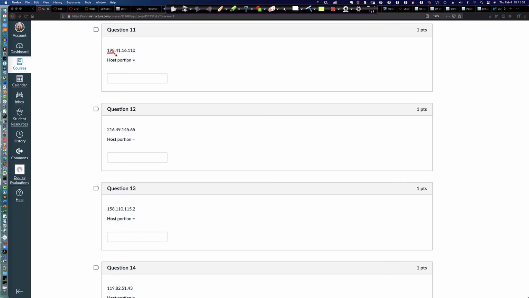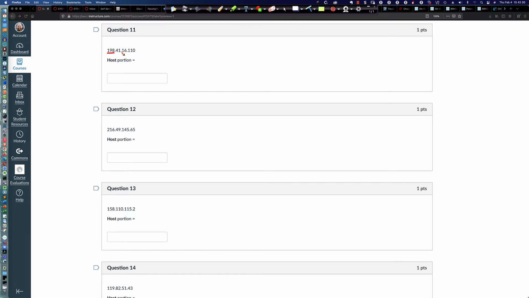So our first one is 198. Now remember that 192, which is a very popular address block, 192.168, that we'll be using here as we enter our CCNA studies, that is a Class C address, and that range is 192 to 223.